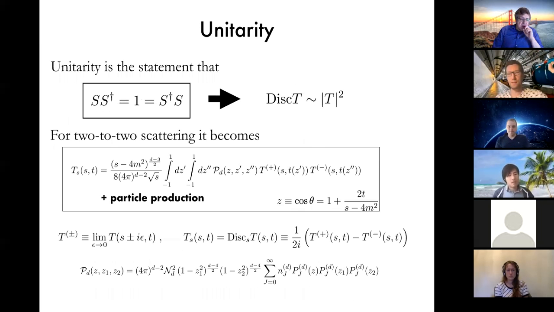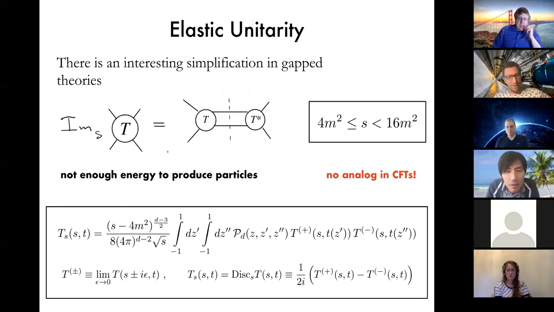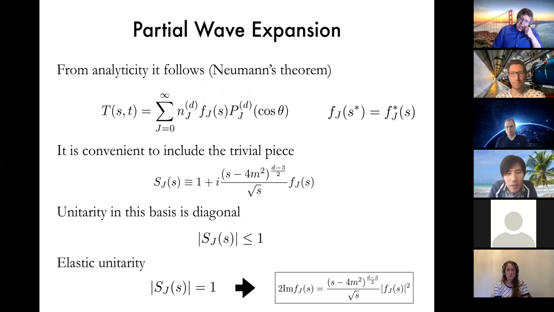So let me explain some basic technical tools very quickly. One is the partial wave expansion. If you have a function which is analytic in an ellipse, it's a very simple argument, sometimes called Neumann's theorem. You write it as a sum of Legendre polynomials, so you can expand in the complete basis of partial waves.